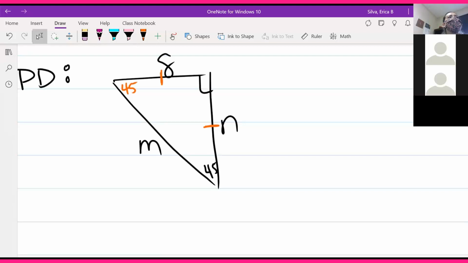If you look at the tick marks, look at where the tick marks are. What is n equal to? It's equal to 8. These tick marks mean that they're exactly the same. Any questions on n?